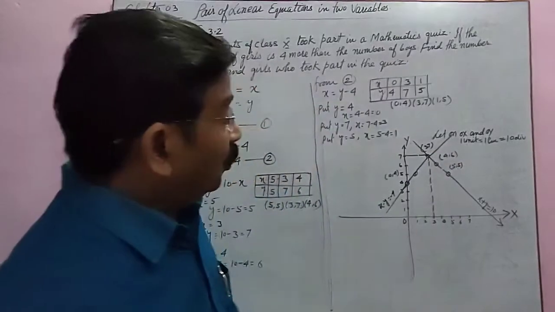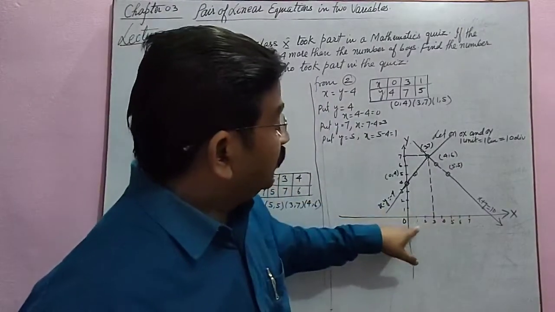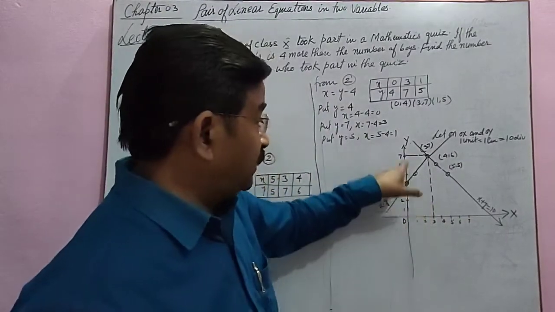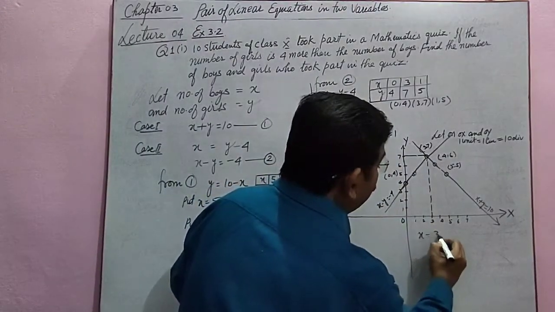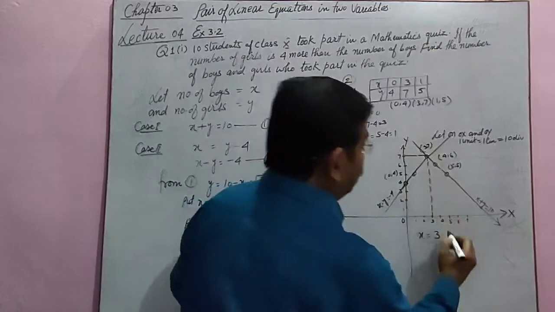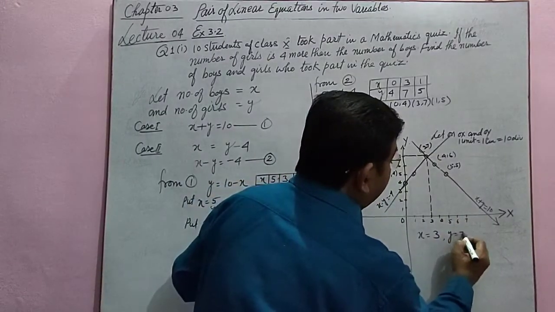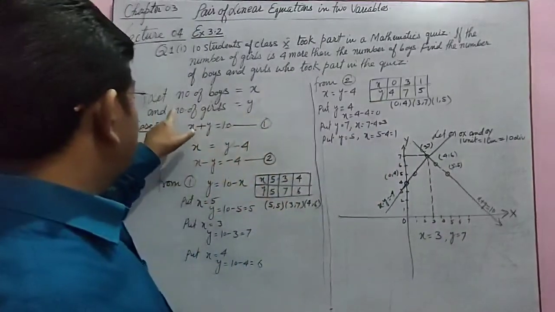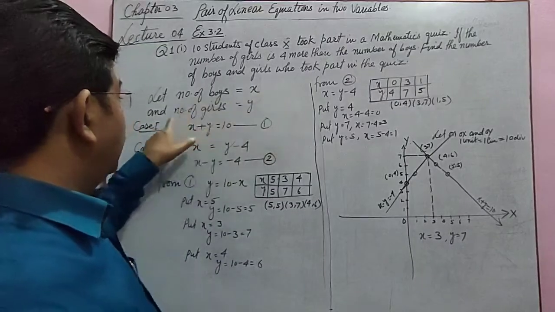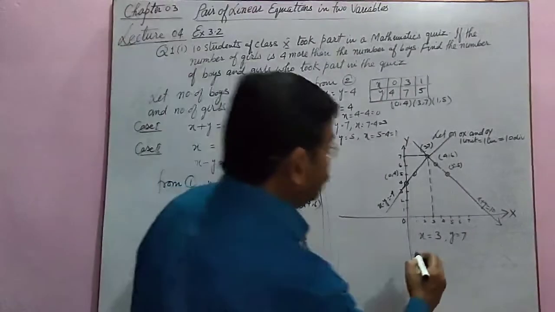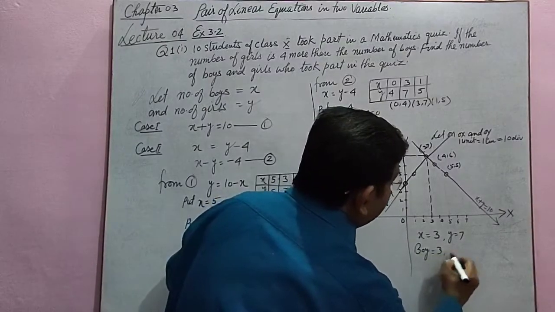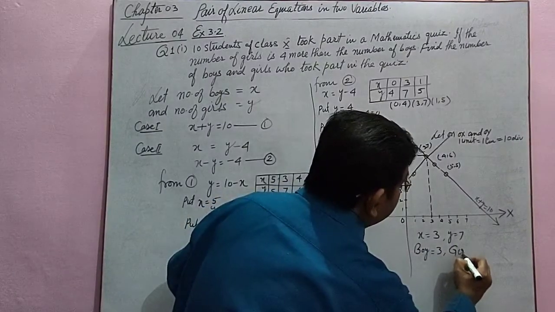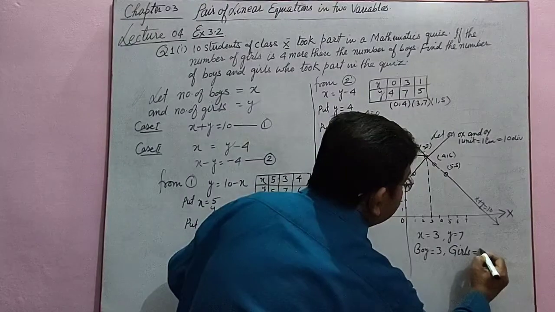So on the x-axis it is 3, on the y-axis it is 7. So x is equal to 3 and y is equal to 7. And what is x? X is the number of boys and y is the number of girls. So you can write the answer: boys is equal to 3 and girls is equal to 7.